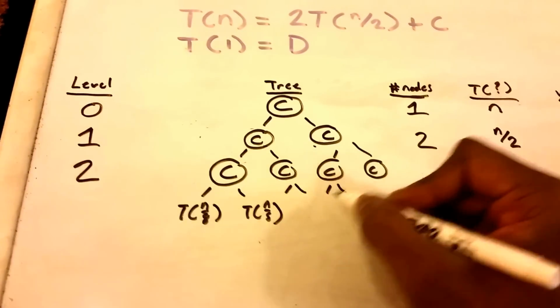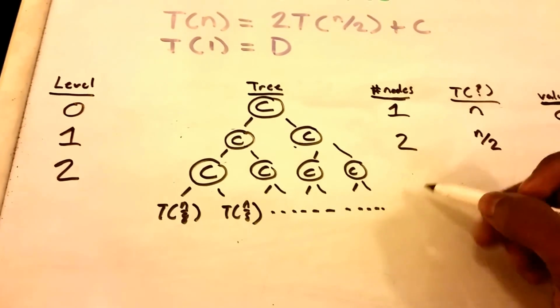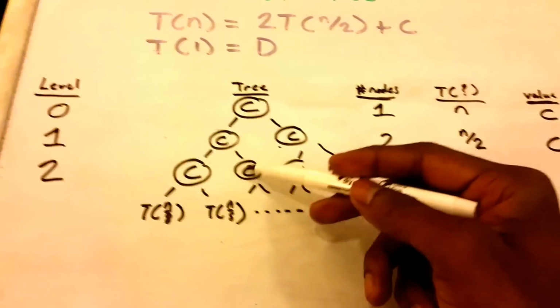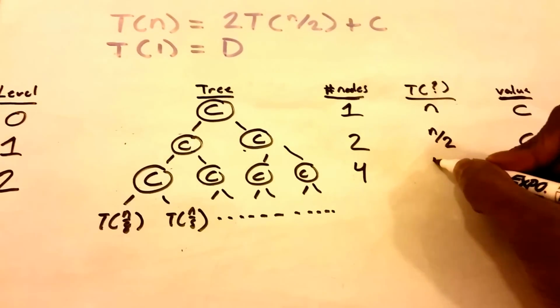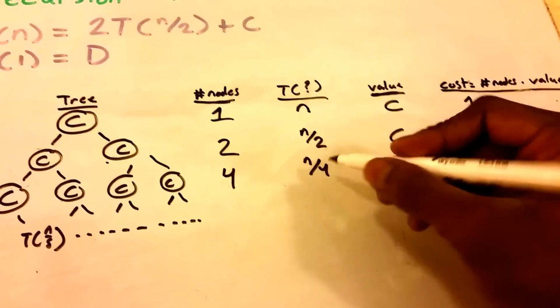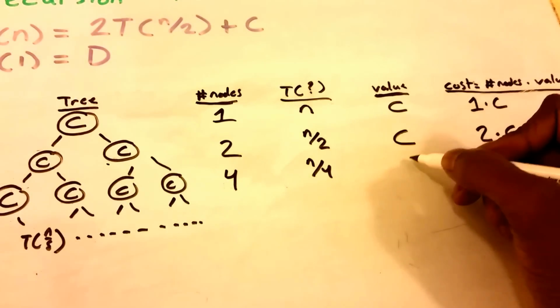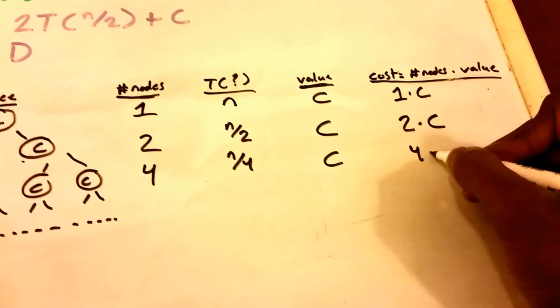And they're all going to give us that T of n divided by 8 here. So the number of nodes here would be 1, 2, 3, 4. And our input value here would be n divided by 4. So that's our input value. And then our value is C. And then the cost is 4 times C.